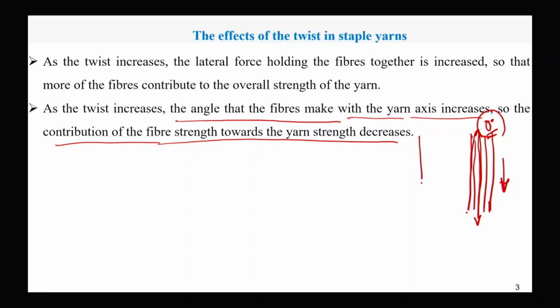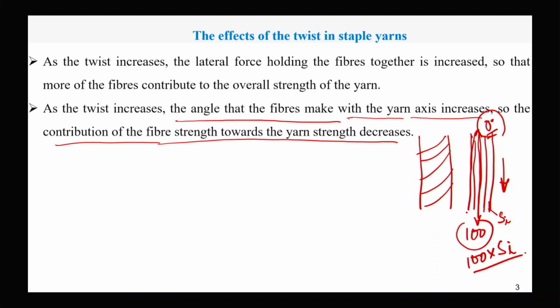But when the fibers are twisted, suppose an individual fiber has strength Si, and there are say 100 fibers. Yarn strength will typically be 100 multiplied by Si, the addition of individual fiber strengths.